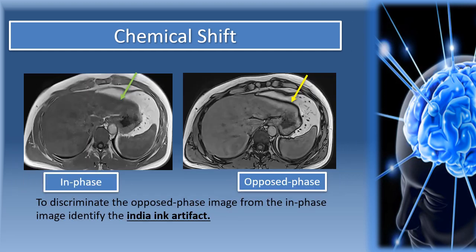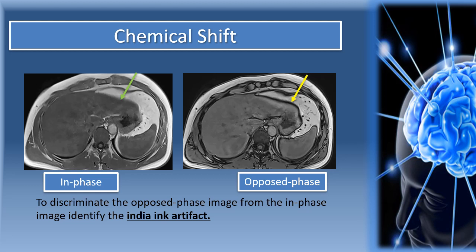This is another example of a chemical shift sequence. This is a normal scan of the upper abdomen, showing the in phase and the opposed phase. How can we discriminate between them? We notice the dark line indicated by the yellow arrow in the opposed phase image. This is what we call the India ink artifact, which is not present on the in phase image.